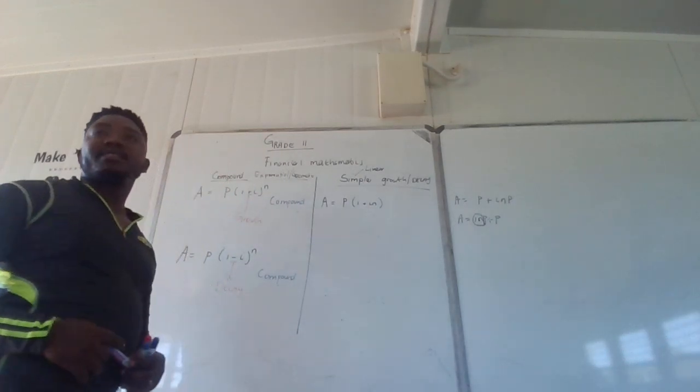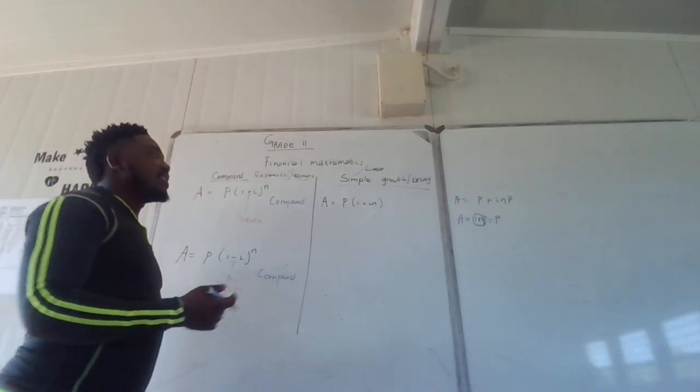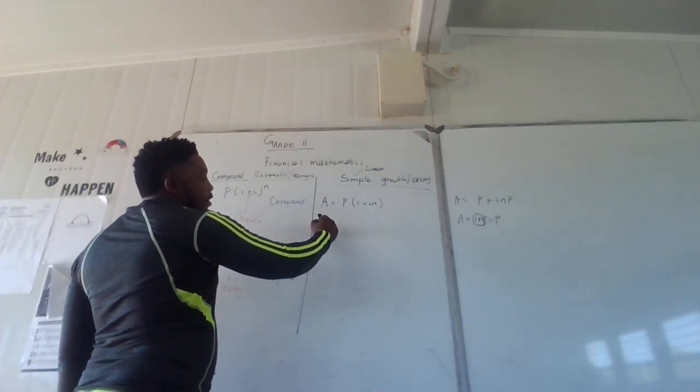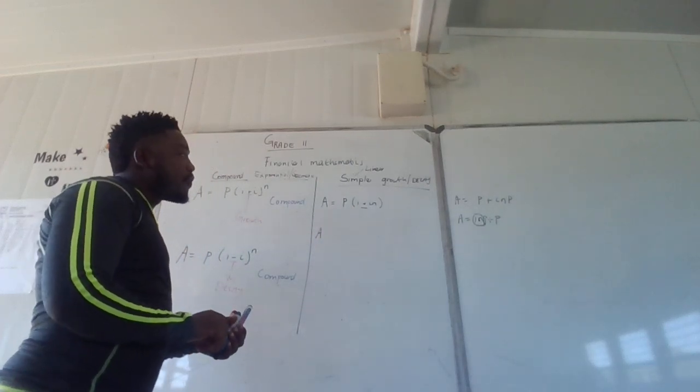So it's a linear equation, a straight line, it's a simple growth, and because it's a plus again, we're thinking of growth.